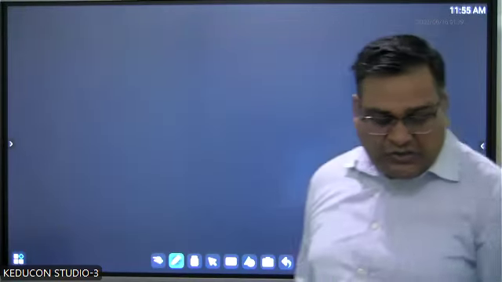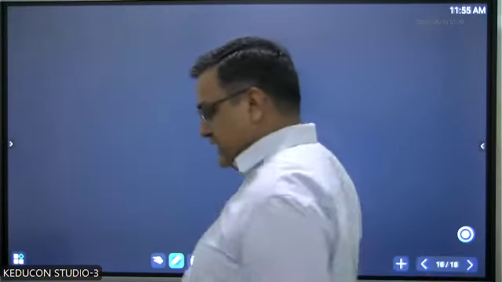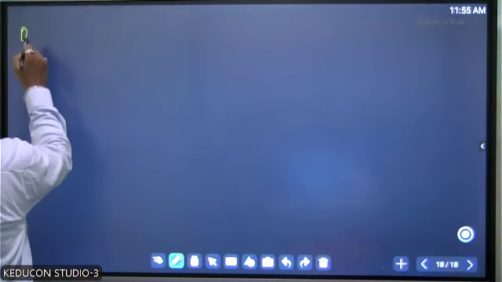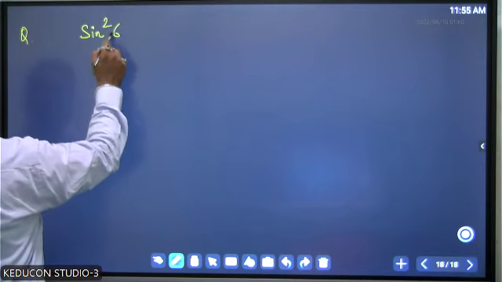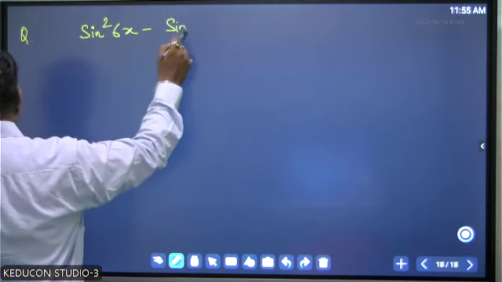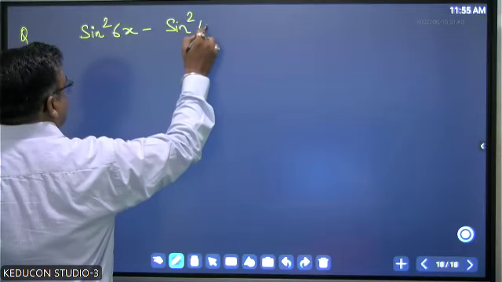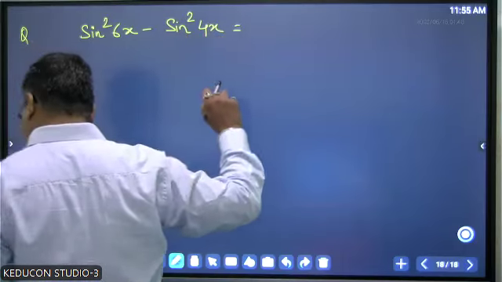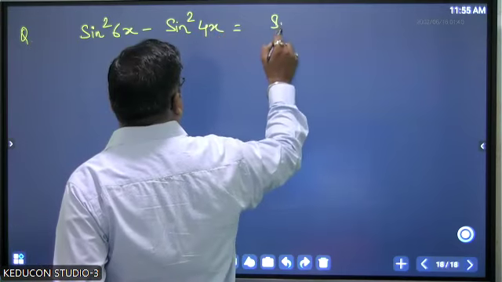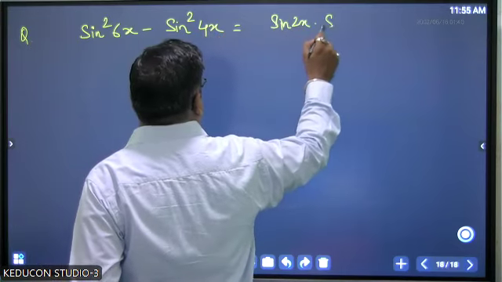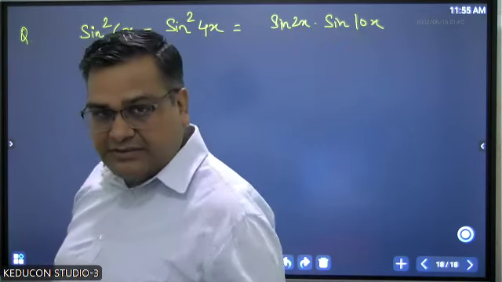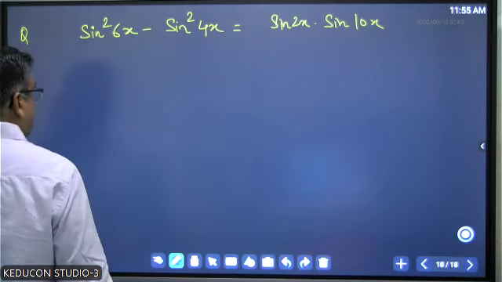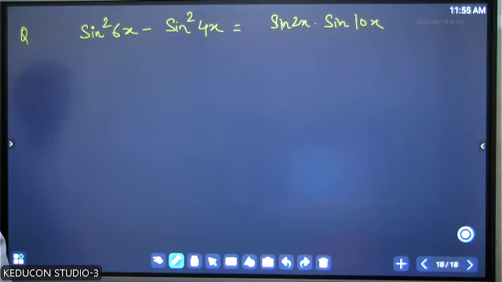Now we shall do a question on this. Let's have a look. So we have sin square 6x minus sin square 4x is equal to sin 2x into sin 10x.